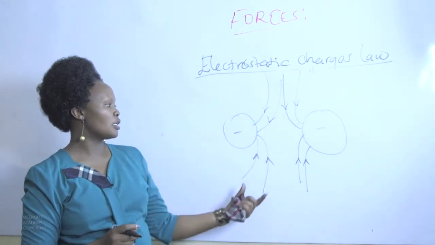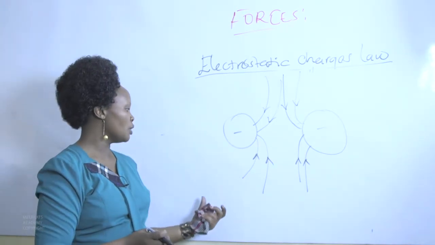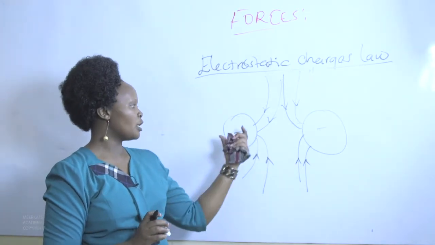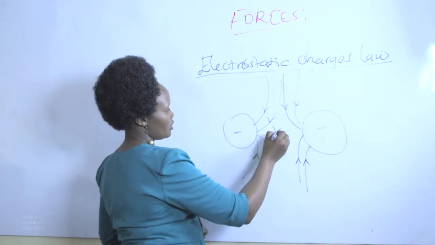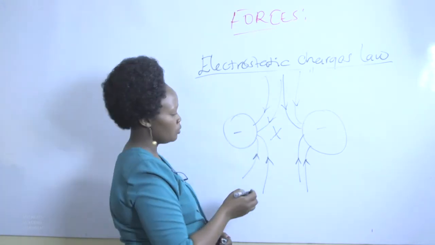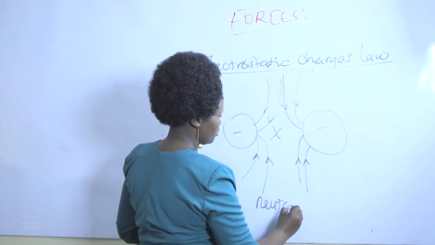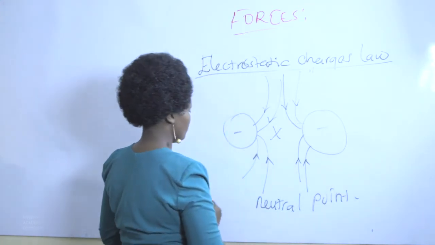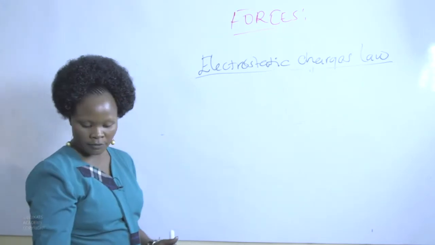Again, note the direction of the field lines. It is from an external positive charge somewhere and towards the negative. Again, you will also have another region X, which is also a neutral point.